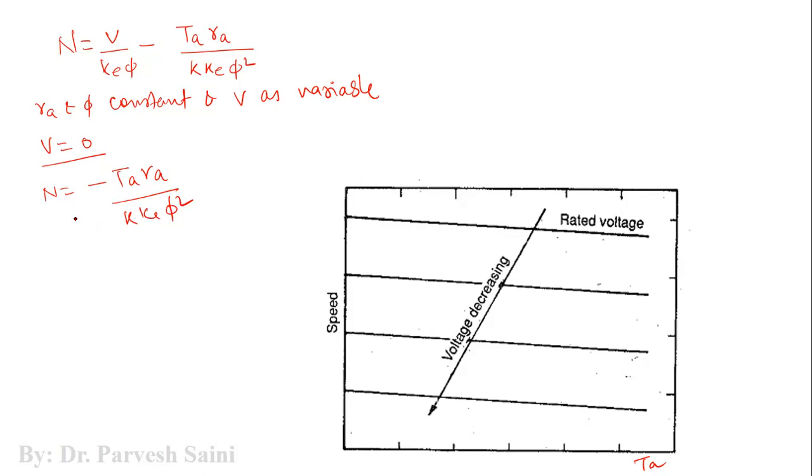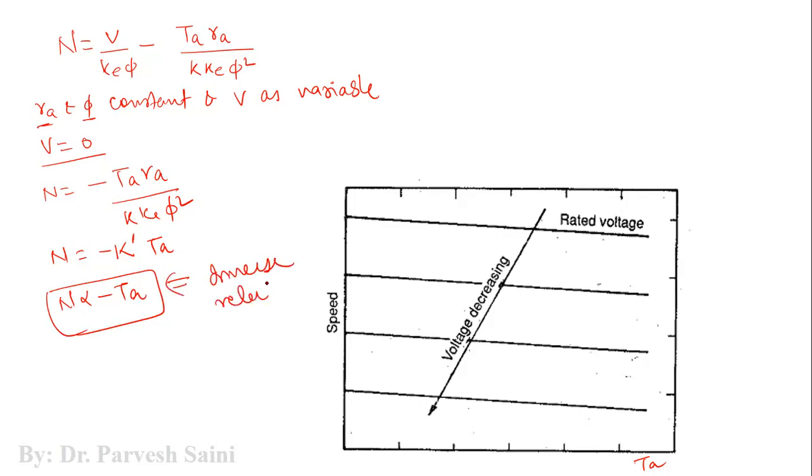Now Ra is a constant, phi is a constant, so N is equal to minus some K dash Ta. That means N is proportional to minus T. They have an inverse relation with each other, so we will have a negative slope here.